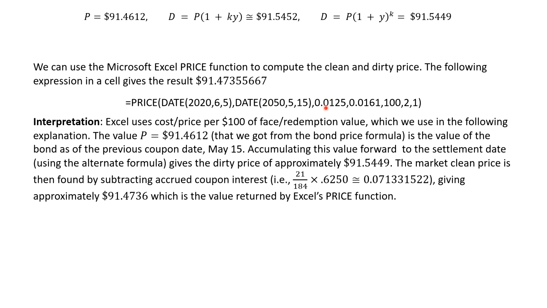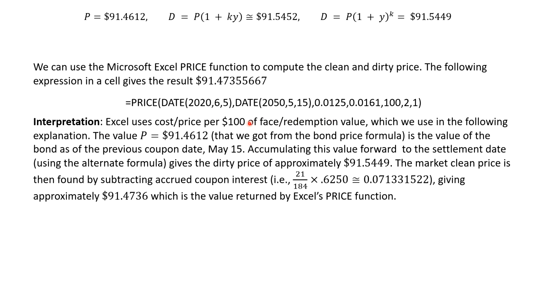Then we put in the coupon rate, the yield, the cost, or the face value, I should say, per $100. So our face value was 10,000, but we needed to divide by 100, so we get 100. 2 indicates semi-annual coupons, and 1 indicates that we're using the actual to actual computation for the value of the K.